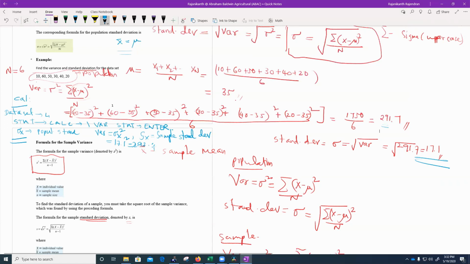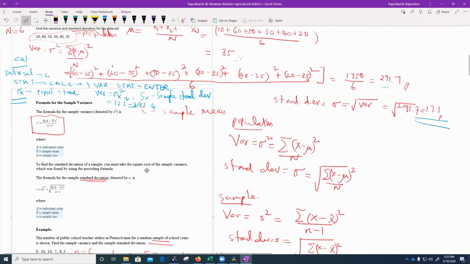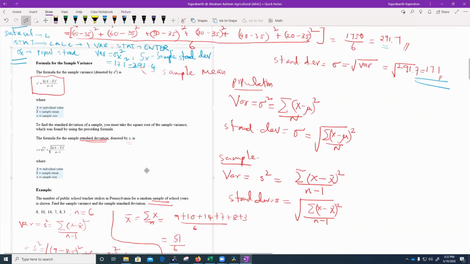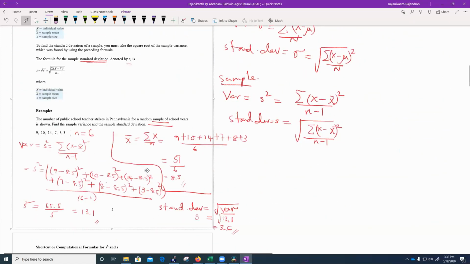Okay. So that is the way to find the population standard deviation and the sample standard deviation by using the calculator. I'm leaving this one for you to practice. Using the calculator, do this example.